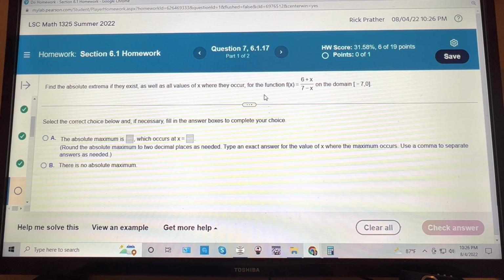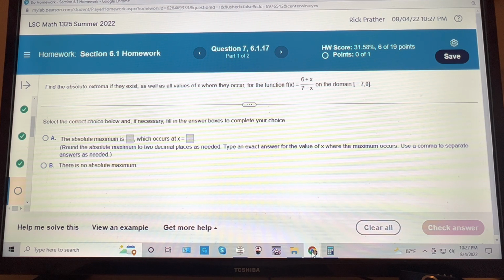Okay, now we got a rational function. Rational functions are continuous everywhere except any of their vertical asymptotes, the spots that make the denominator 0, which could be holes in the graph too. Okay, so we got 6 plus x over 7 minus x, and the domain is -7 to 0.